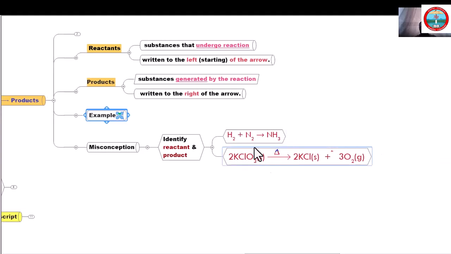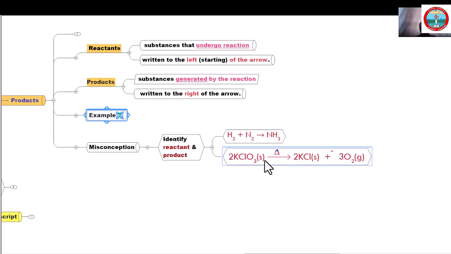But some students are confused with identifying reactants and products of a given chemical reaction. If you see these 2 reactions, the first reaction is very simple. If you are asked to identify the reactants and the products, it is easy: hydrogen and nitrogen are reactants and ammonia is the product. But some students are confused with the other chemical reaction, and they say that this is the product and these are the reactants. But this is wrong.